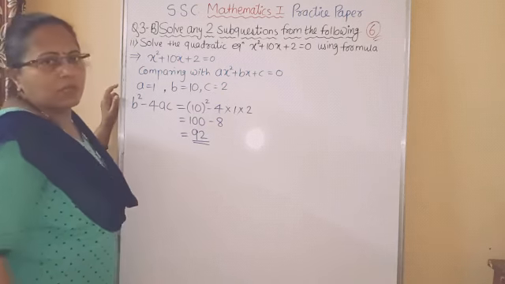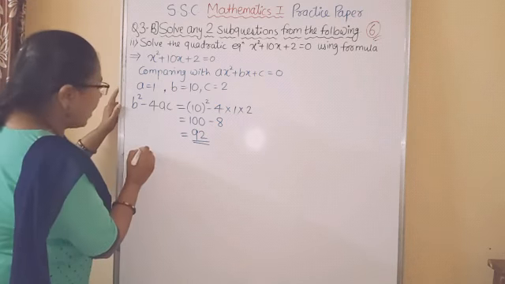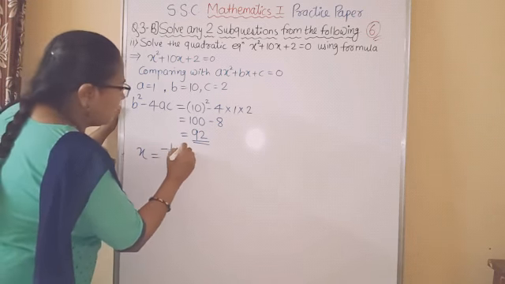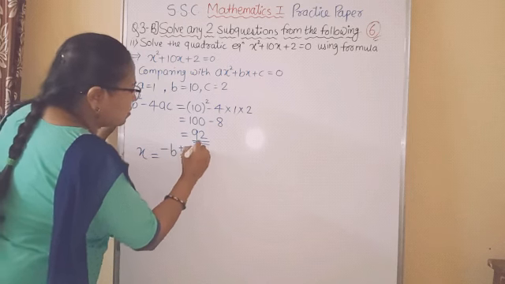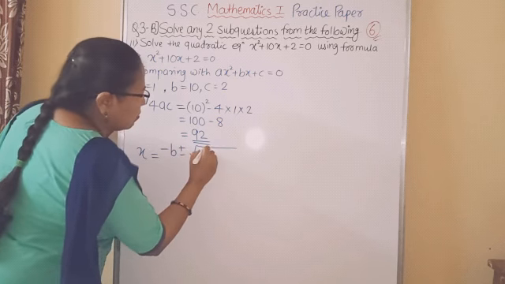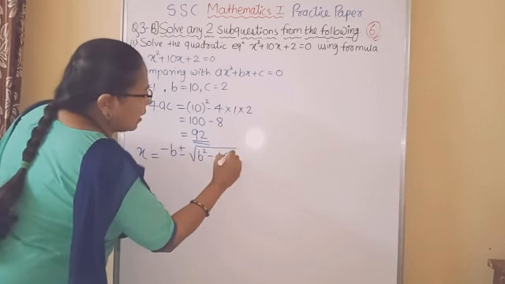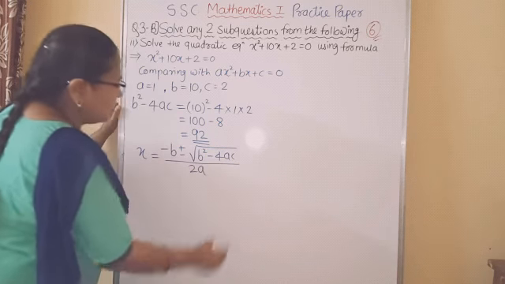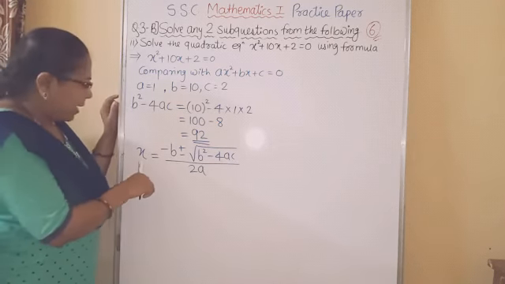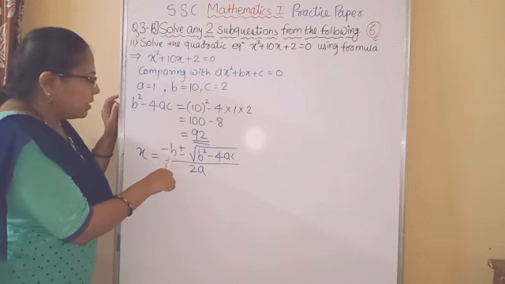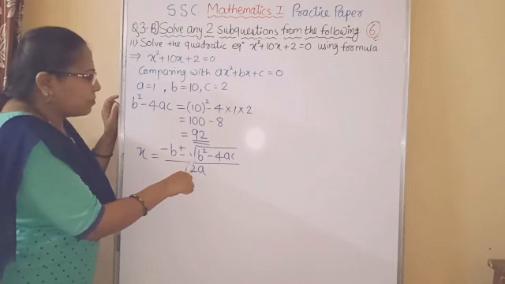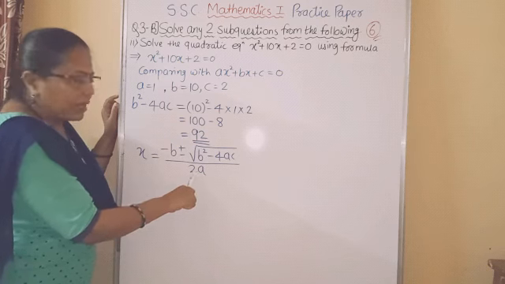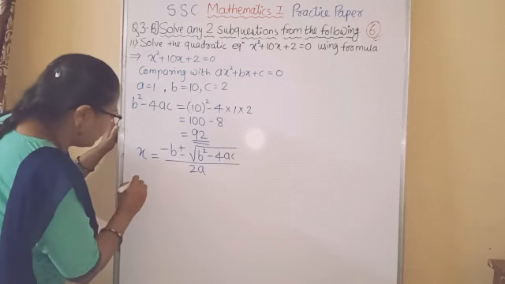Now we have to use the formula. x equal to minus b plus minus square root b square minus 4ac upon 2a. See, you have to learn the formula by heart. x is equal to minus b plus minus square root b square minus 4ac upon 2a. Now substitute values.